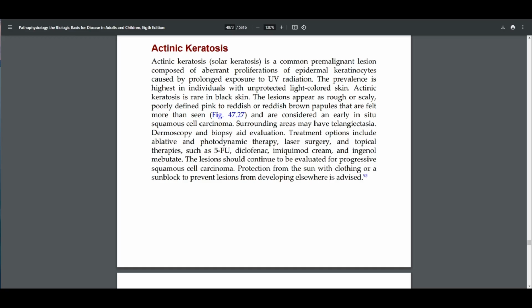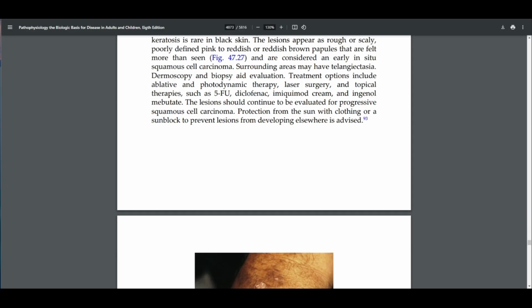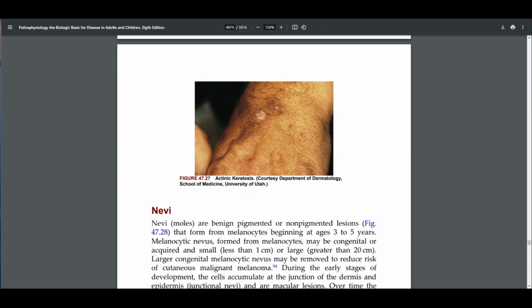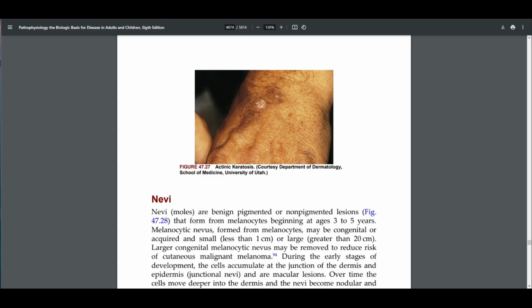The lesions should continue to be evaluated for progression to squamous cell carcinoma. Protection of the skin with clothing or sunblock to prevent lesions from developing elsewhere is advised. So here you take a look at the actinic keratosis.